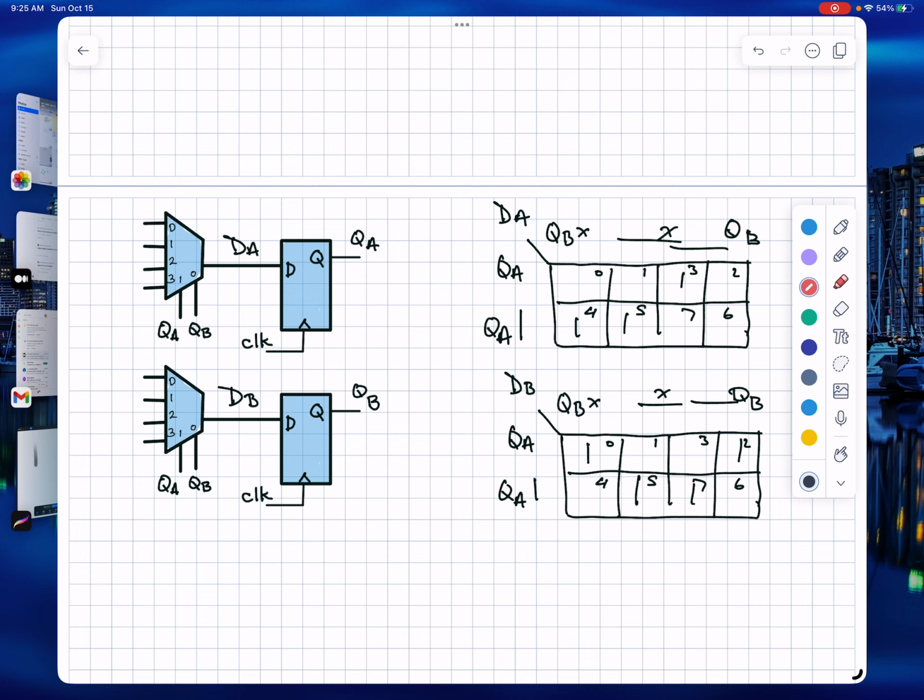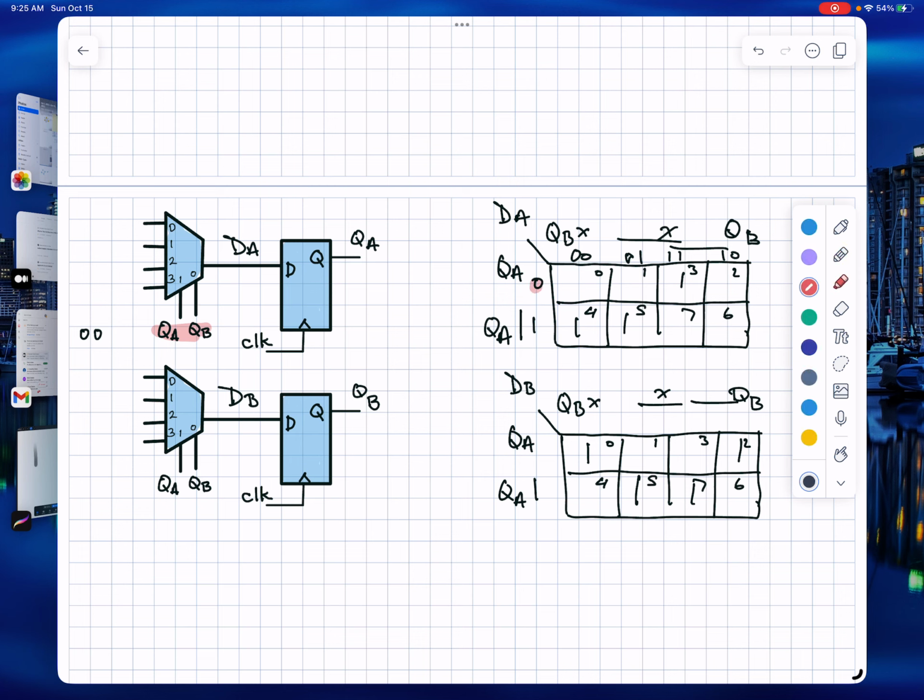The first thing I want to do is look at the region on the Karnaugh map where QA and QB are both 0. We can label this 0, 1, 0, 0, 0, 1, 1, 1, 1, 0, just the normal Karnaugh map labeling. I'm looking for the place where QA is a 0 and QB is a 0.